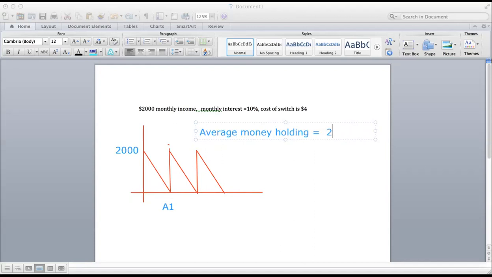So 2,000 plus 0, which is your balance at the end of the month, divided by 2. So you get 1,000. So your average monthly holding without any switches is $1,000.